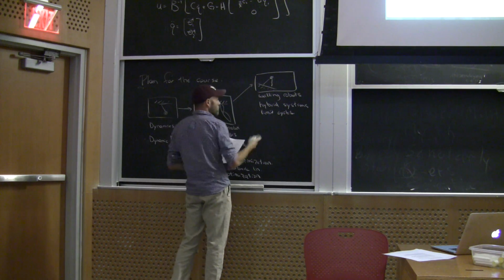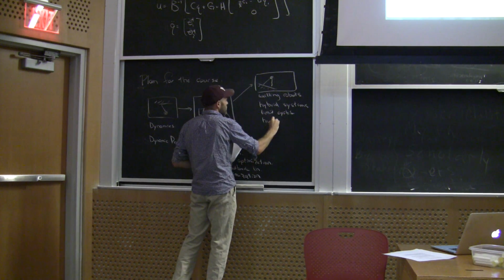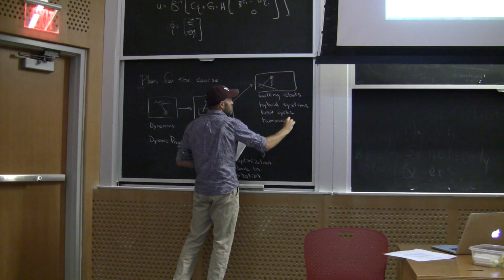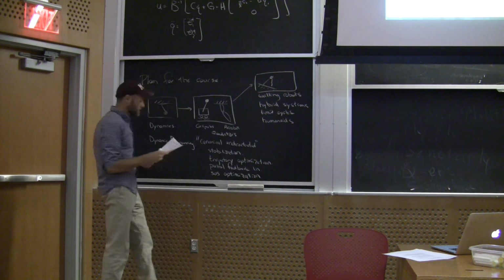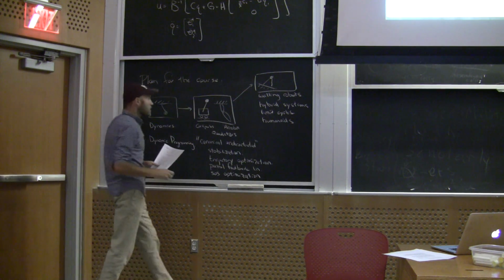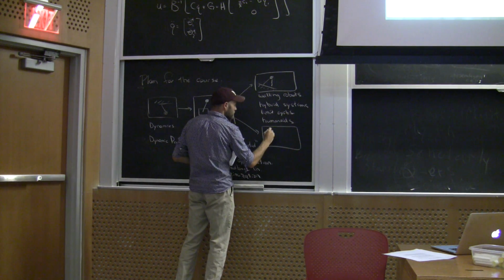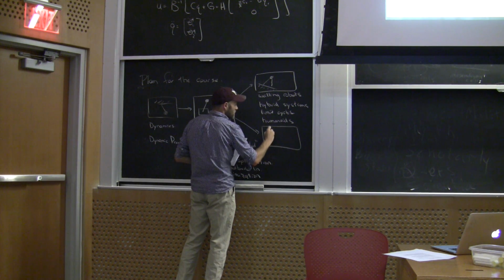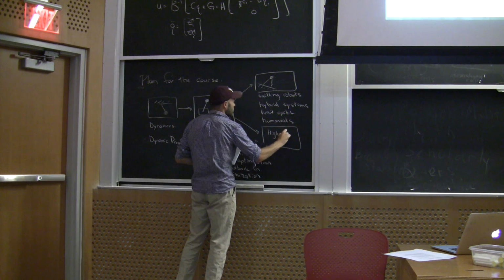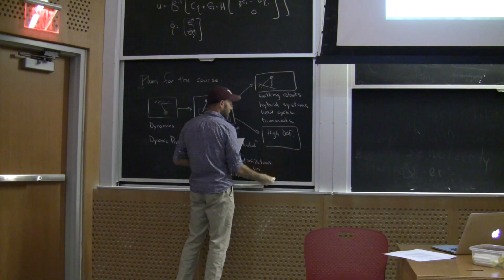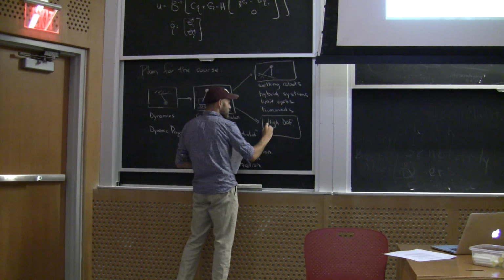Okay, and we'll talk about humanoids, some of the special tricks you might play if your system is as complicated as something like Atlas. We're going to talk about more high-dimensional systems. Instead of drawing a silly robot, I'll just write high degree of freedom. And complicated geometry.